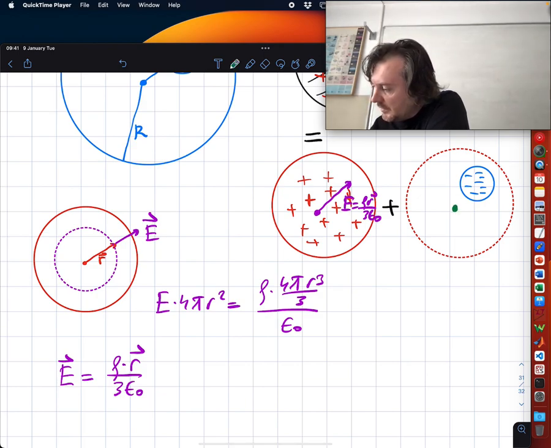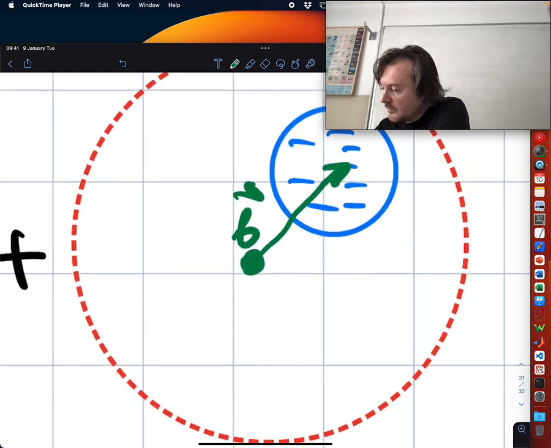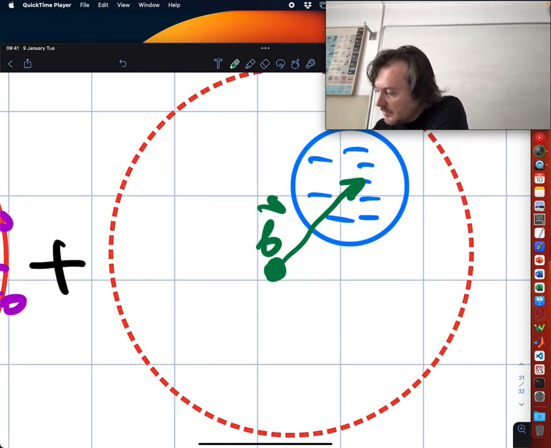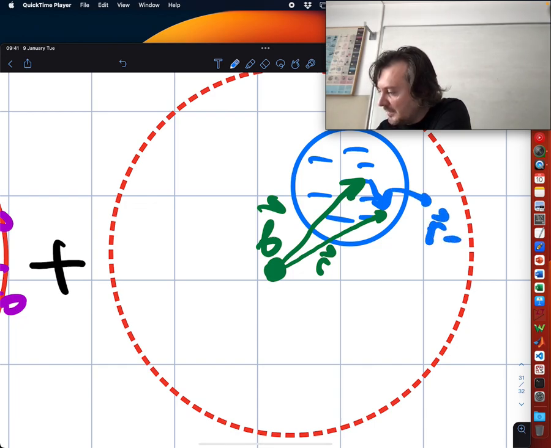So if this is the 0 of the coordinate, we can actually transfer that knowledge to this other situation. Over here, I have a vector b pointing to the center of this object. And then let me say that this is a distance, a vector r. I hope you will not be lost with this. Is this vector r minus b?